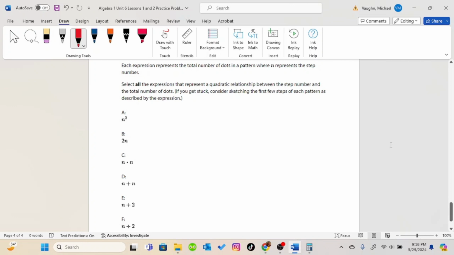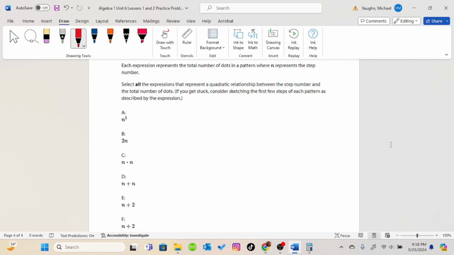Each expression represents the total number of dots in a pattern where n represents the step number. Select all the expressions that represent a quadratic relationship between the step number and the total number of dots. If you get stuck, consider sketching the first few steps of each pattern, as described by the expression.